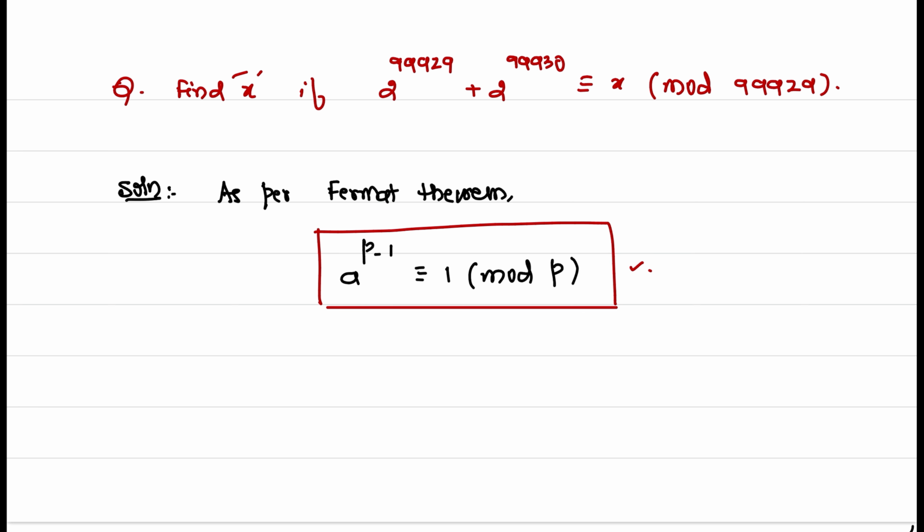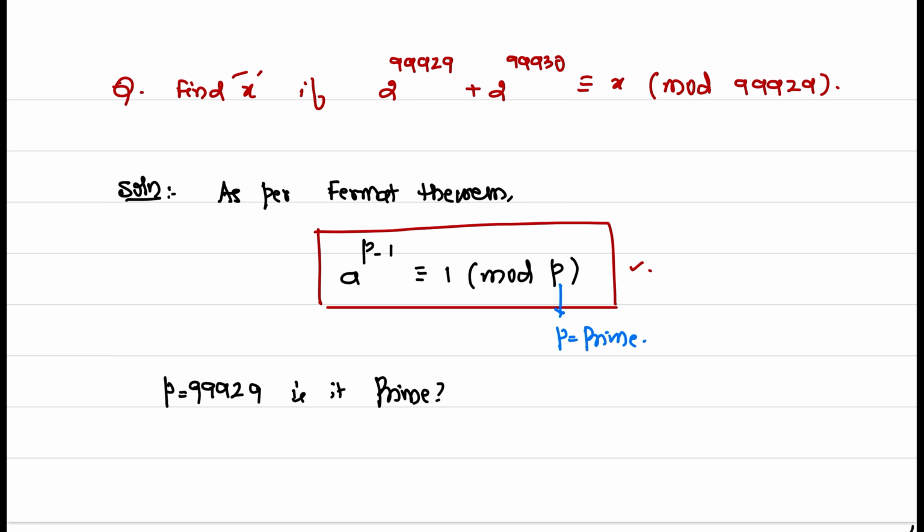Now, the first step is, here p is prime. Our given number p is 99929. Is it prime?